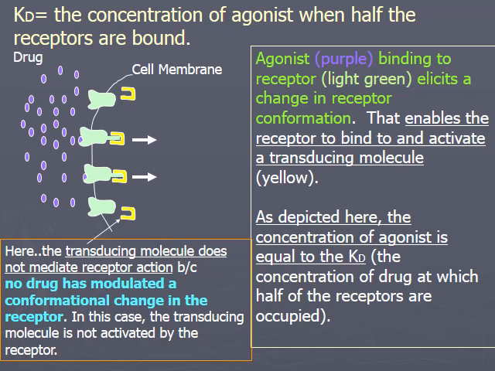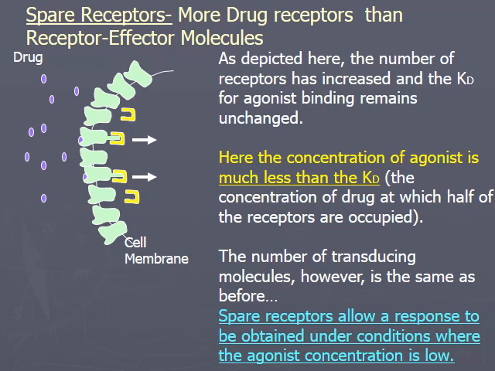What's my concentration here compared to here? Higher here. Low concentration, spare receptors, similar effect. And so what limits the response isn't really the number of the receptors, but the coupling molecules. You see, in spare receptors, what's limiting is the coupling molecules.